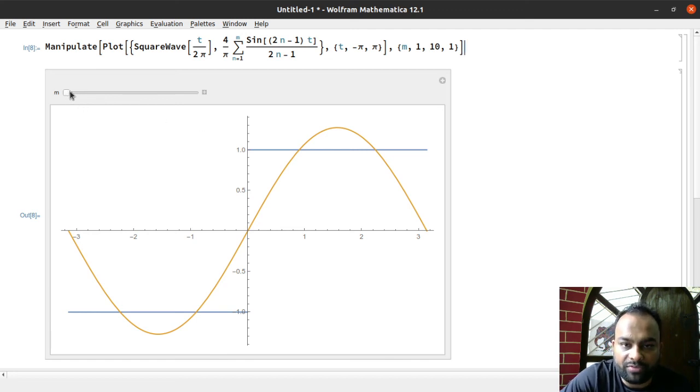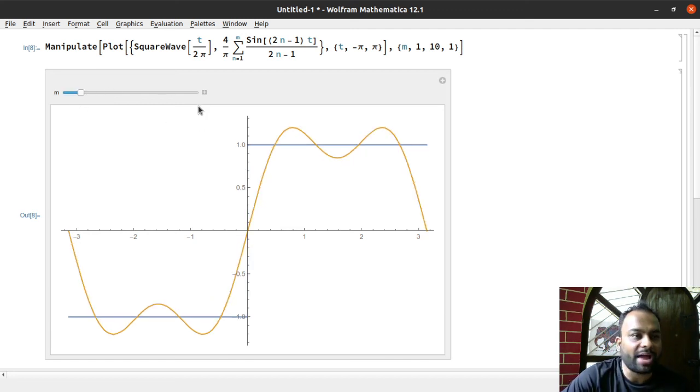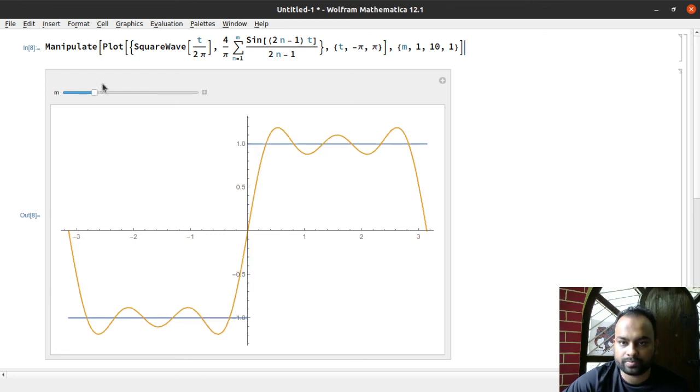If I increase the frequency, I have two components: sine t and 1 by 3 sine 3t. I have added them, so this is the sum. Now we have another component. So now I have sine t plus 1 by 3 sine 3t plus 1 by 5 sine 5t, and this orange one is representative of that.